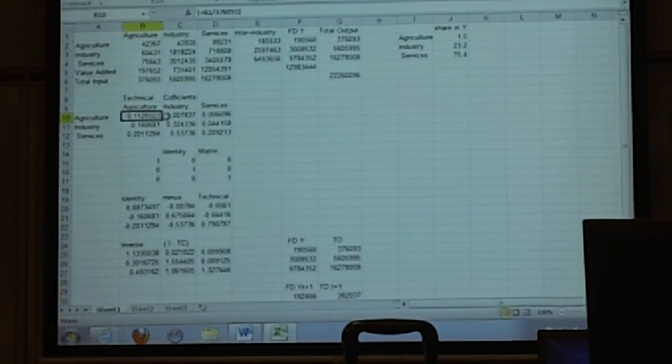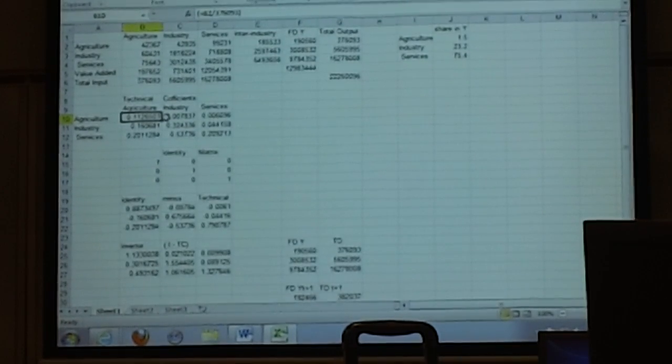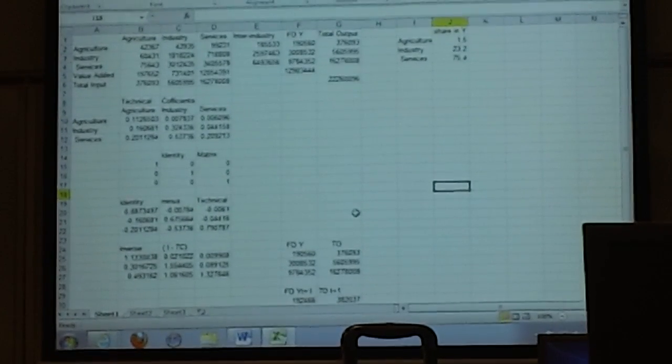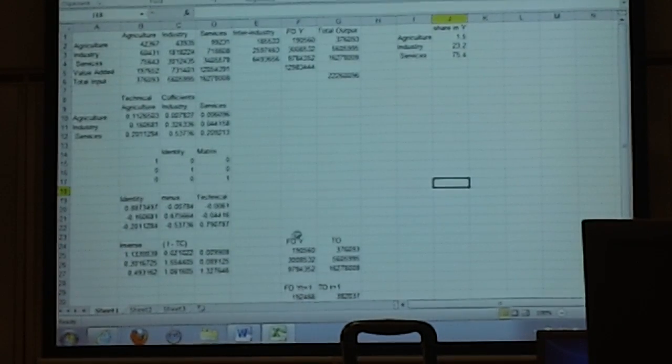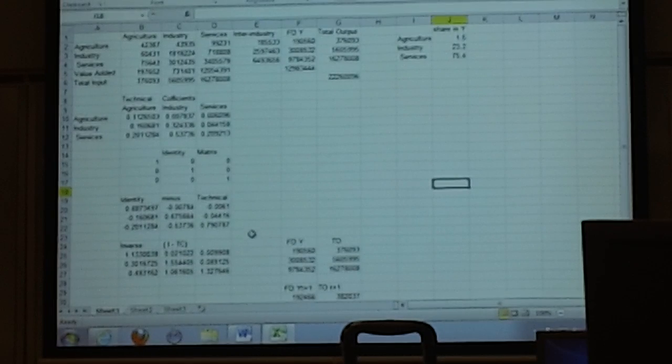It's just whatever's in the total bottom line. It's all on that sheet that you emailed, if you read it carefully. So this is the identity minus the technology.